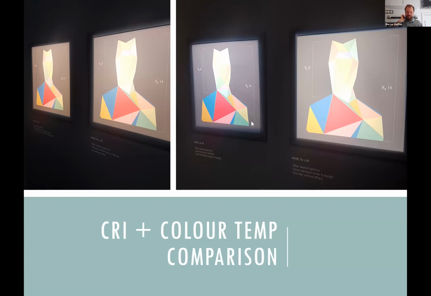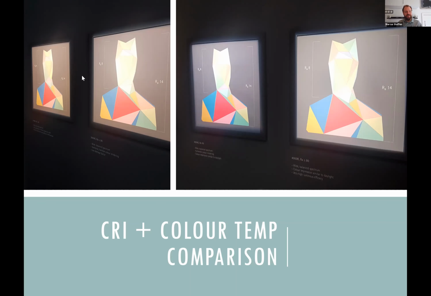On the right here, you have a standard RA80 LED and then an RA over 90. You can see the vibrancy of certain colors comes out more. The reds, the pinks, the yellows are shown much more vibrant in the high CRI illuminated picture.